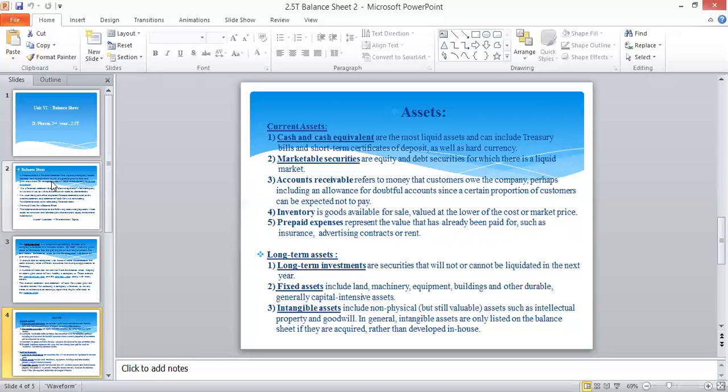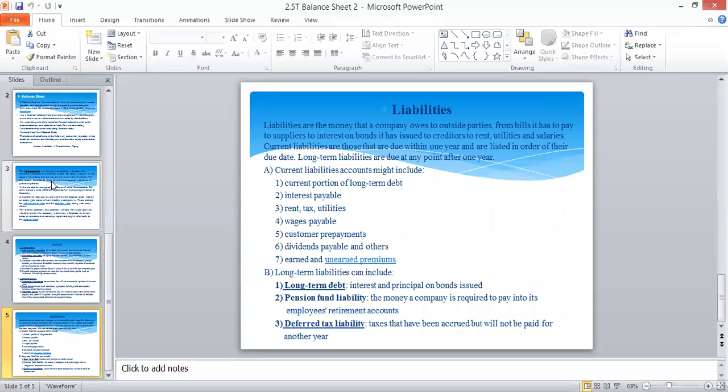And the third long-term asset is intangible assets. Intangible assets include non-physical but still valuable assets such as intellectual property and goodwill. In general, intangible assets are only listed on the balance sheet if they are acquired rather than developed in-house.